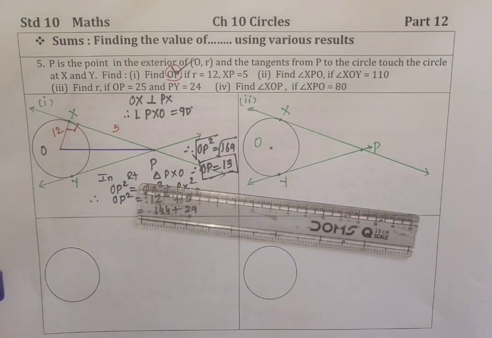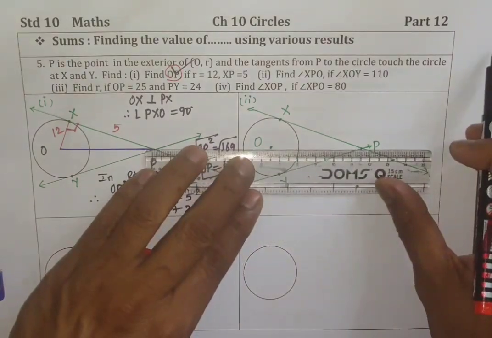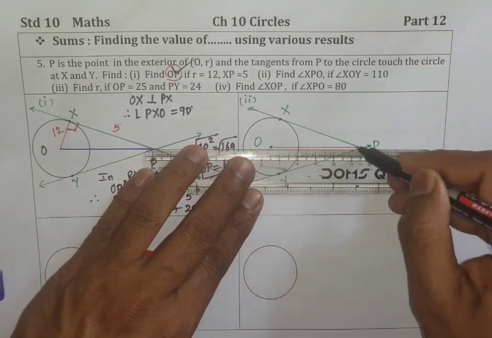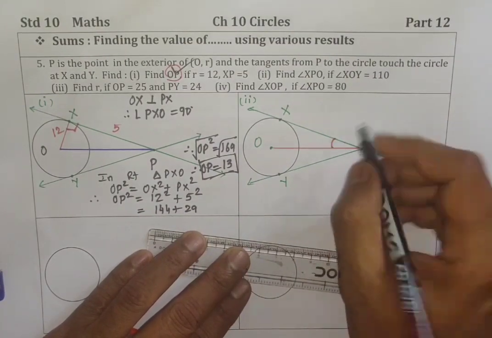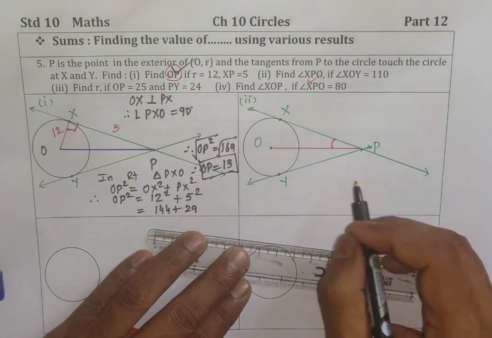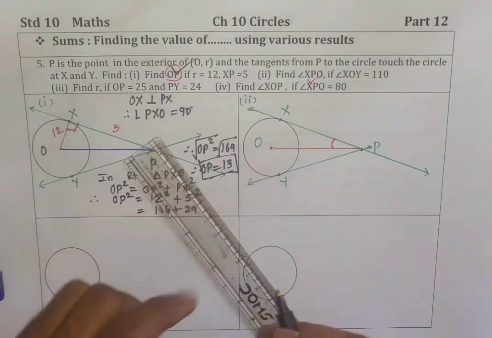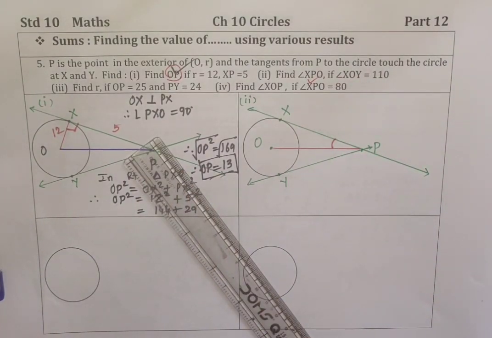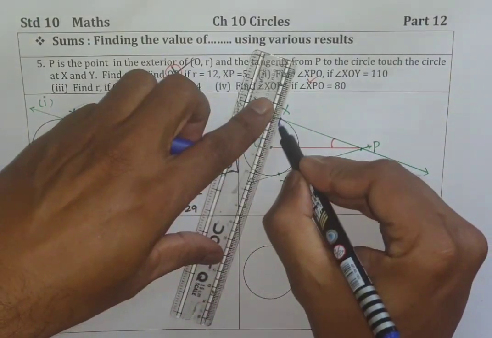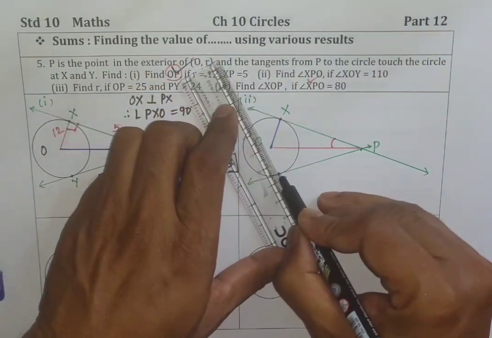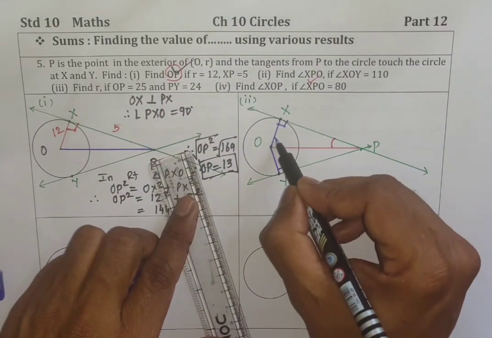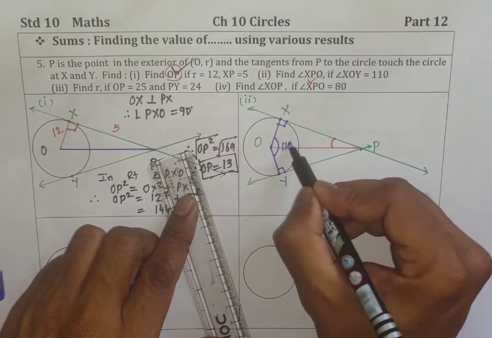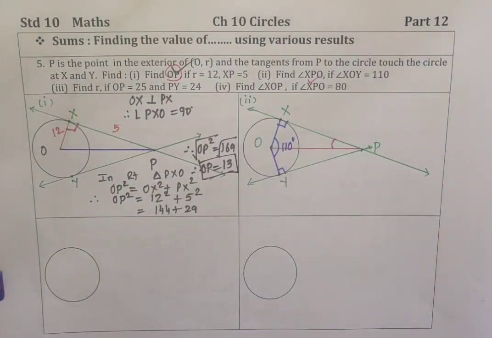I'll use some different color. You have to find angle XOY. Where is XOY? These are perpendicular, and this angle, angle XOY, is 110 degrees.